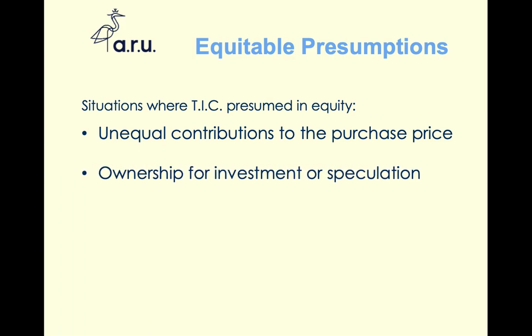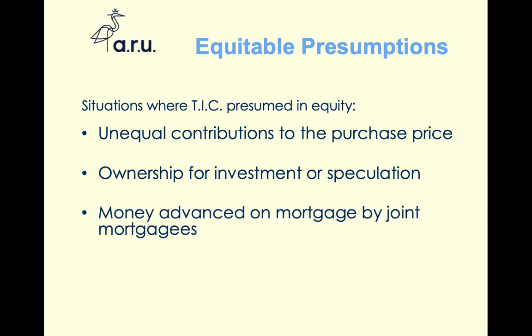If it's ownership for investment or speculation, it's obvious that they are not behaving like a collective. It's an opportunity, it's business. If money is given by more than one lender, joint mortgagees, then the equitable presumption on that is that they are going to be tenants in common, not operating as a collective.